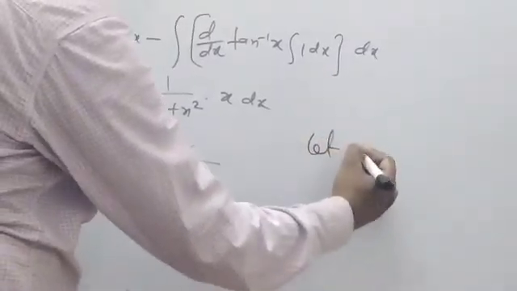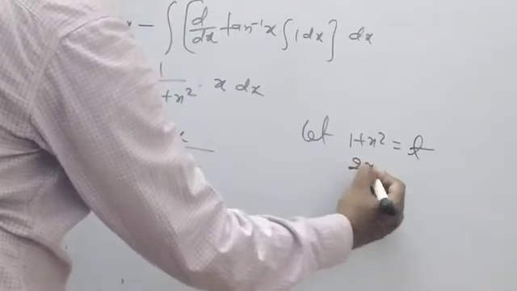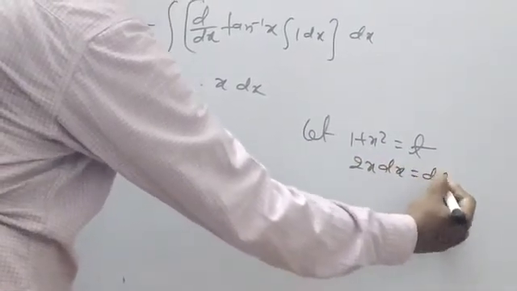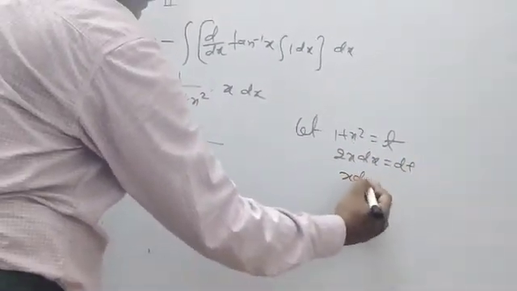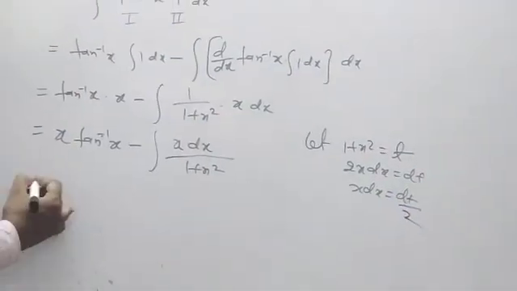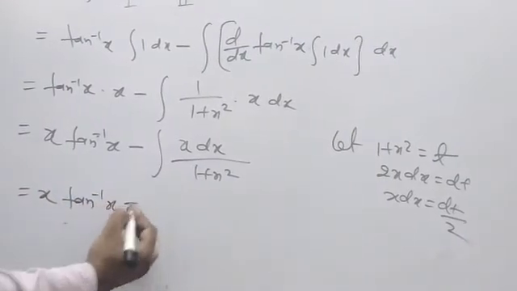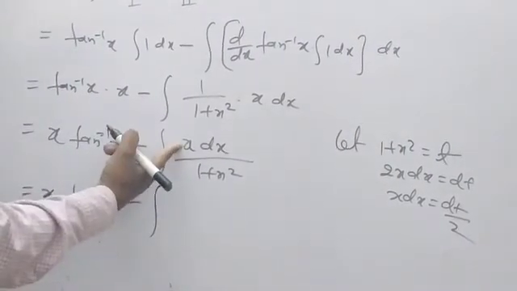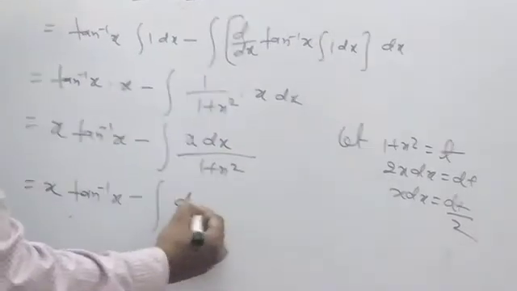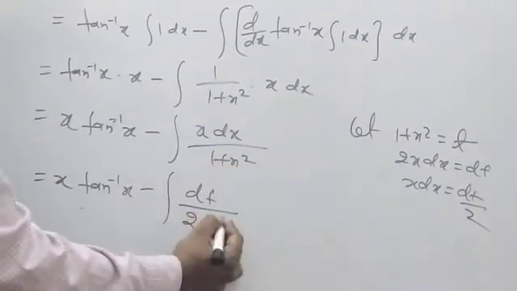Now let 1 plus x square is equal to t, and 2x dx is equal to dt, and x dx is equal to what? dt by 2. And x into tan inverse x minus, what is the value of x dx? dt by 2. 1 plus x square is equal to t.